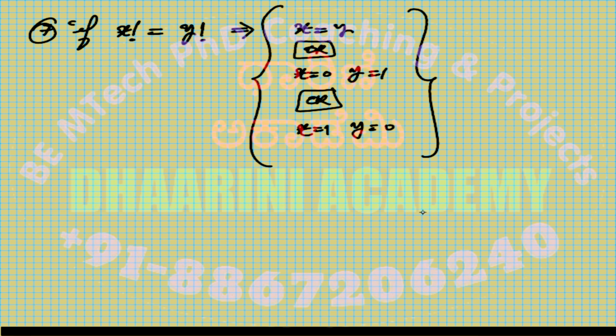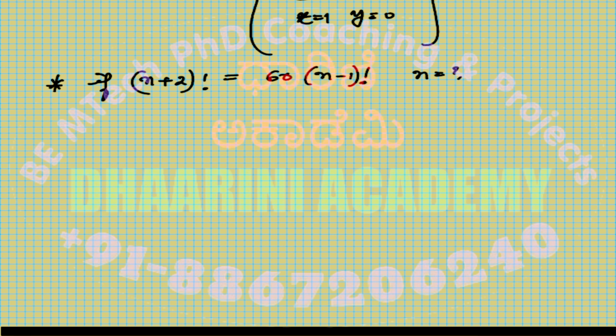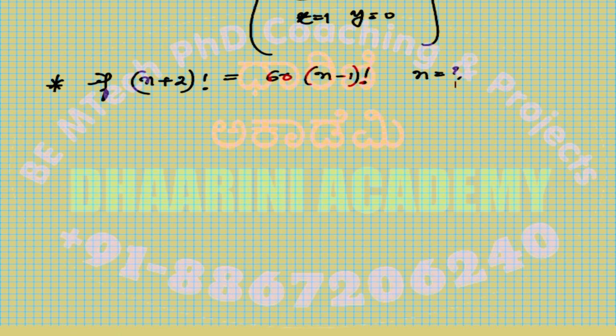All right. Okay, so these are the fundamental properties. Later on, we'll see the different properties as well. Now let us try to solve some very, very simple problems based on this. If n plus 2 factorial is equal to 60 times n minus 1 factorial, find the value of n.